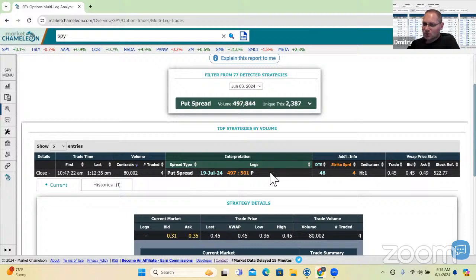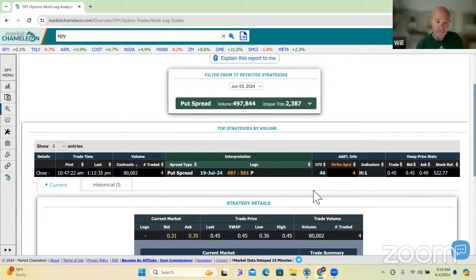That is something we're working on, but as of now, you'd have to go in the options chain and actually set up this put spread and then run the analysis. But we are looking into a one-click solution that just takes you over and populates the legs for you.